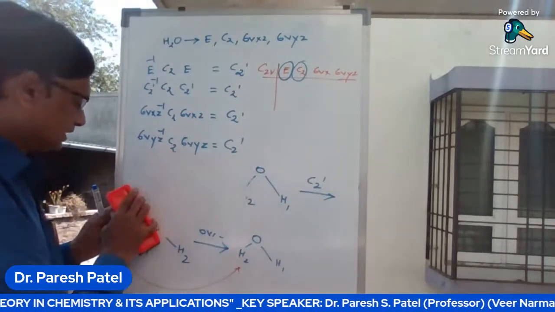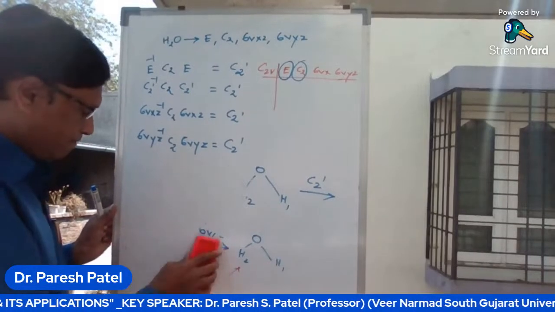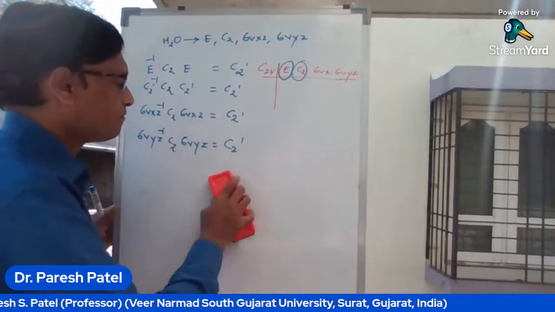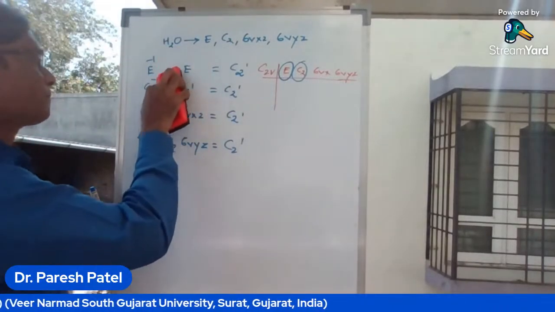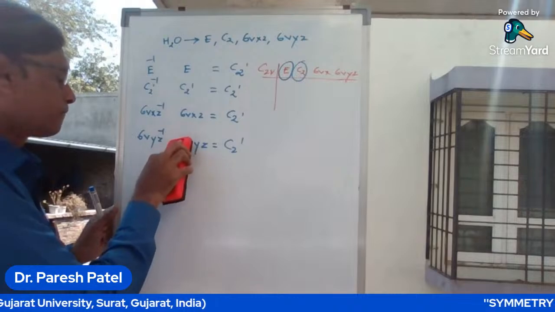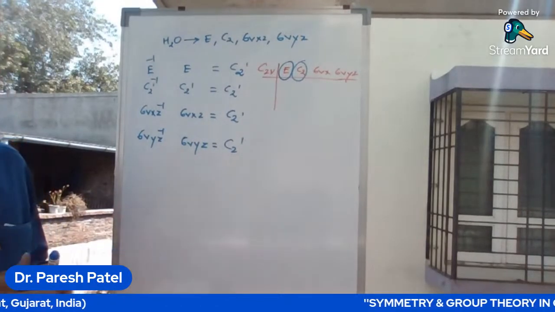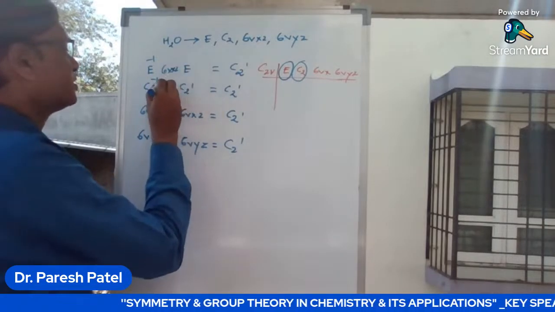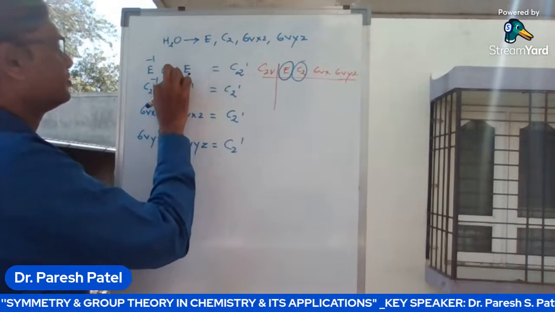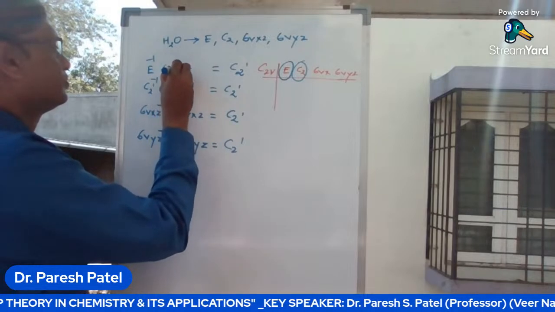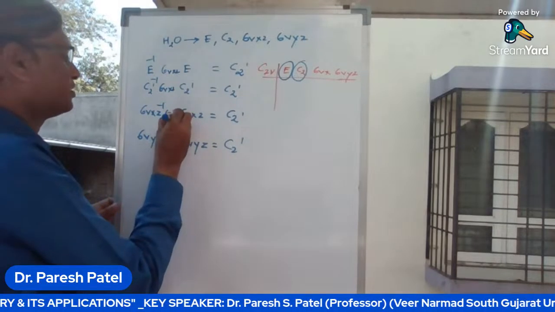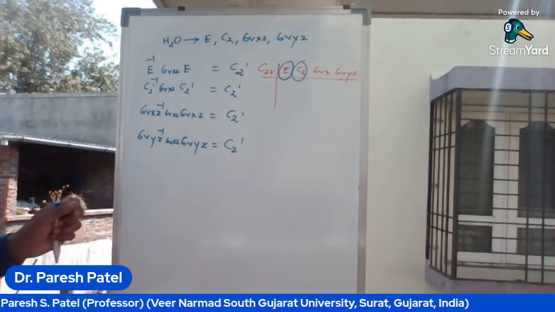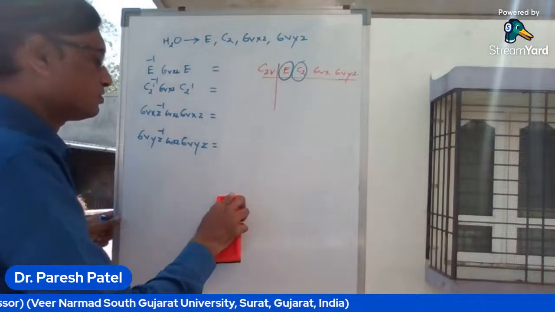Third one, sigma v xz. Now, what will be the product? We have to discuss it.